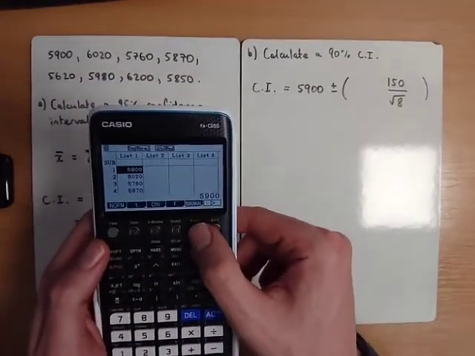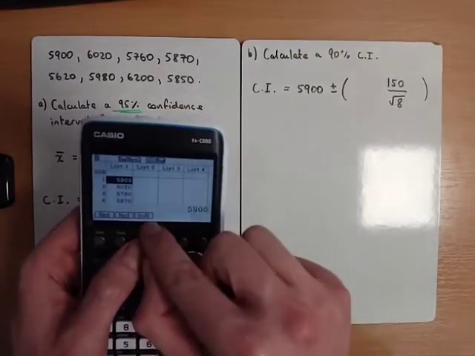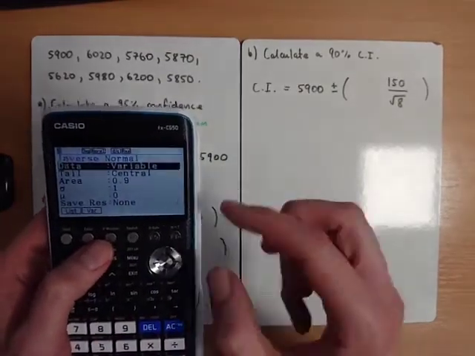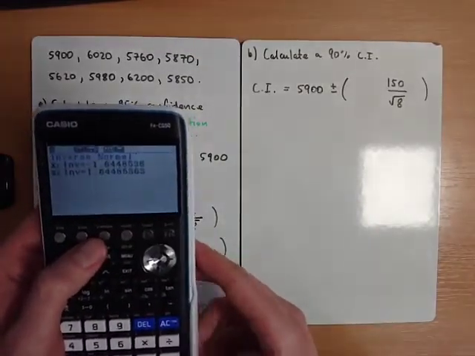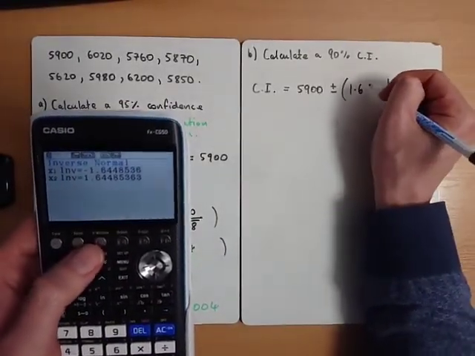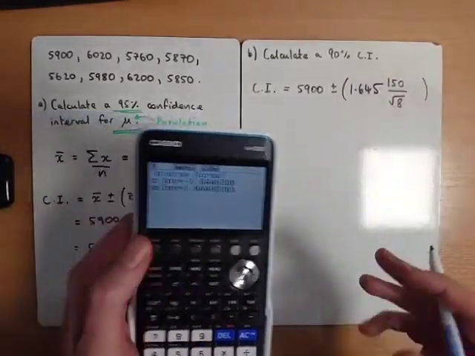So if we go into distribution, normal, inverse normal, tail central, area 0.9, leave them as 1 and 0. That means we're going to be using 1.6448, so 1.645.